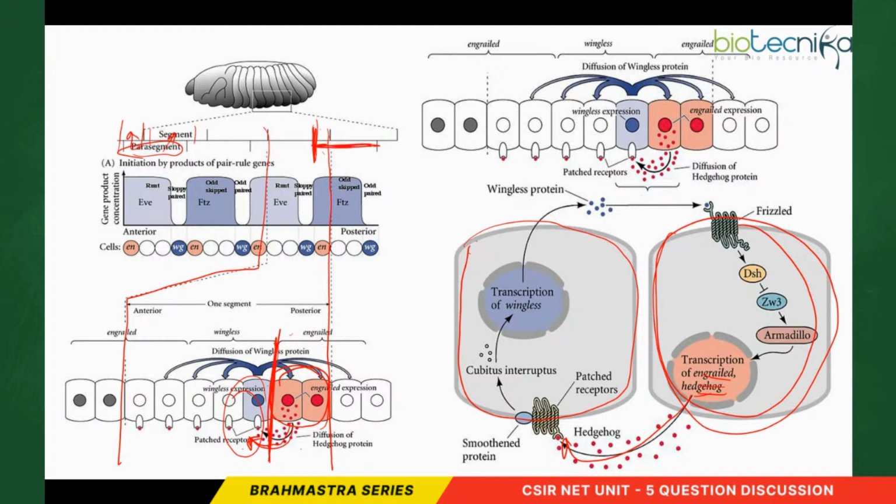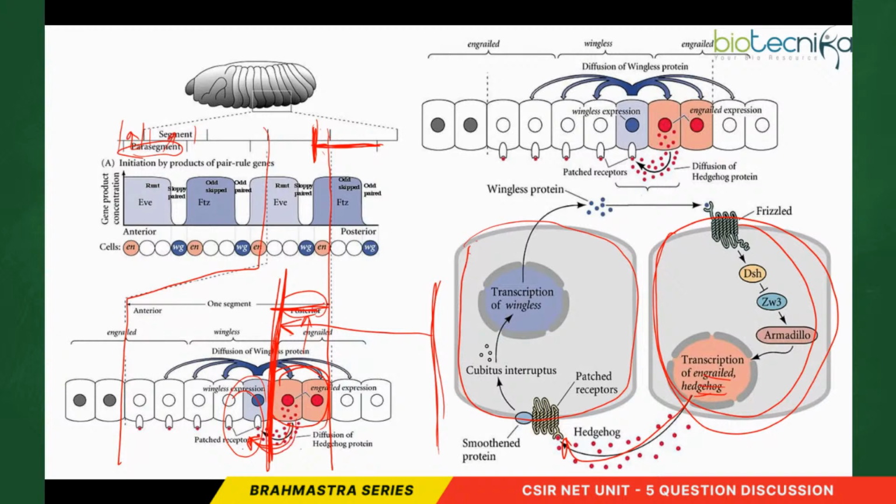This is the posterior of the segment, but in the parasegment it is still here. So this is the next parasegment. So engrailed would be expressed in the anterior part of each parasegment, but the posterior part of each segment. Where it is expressed, you should know.